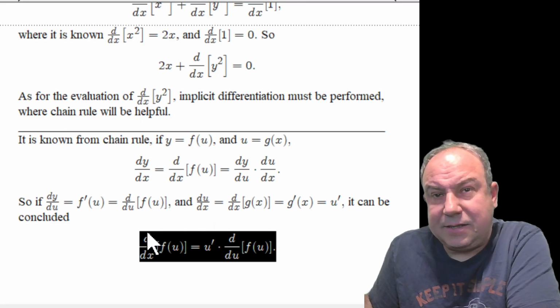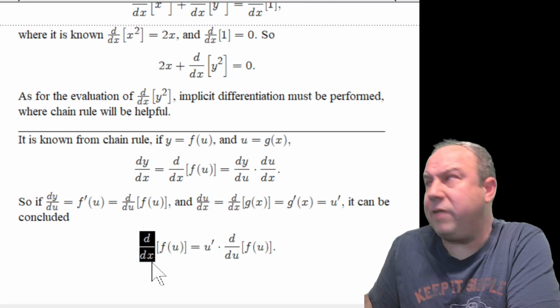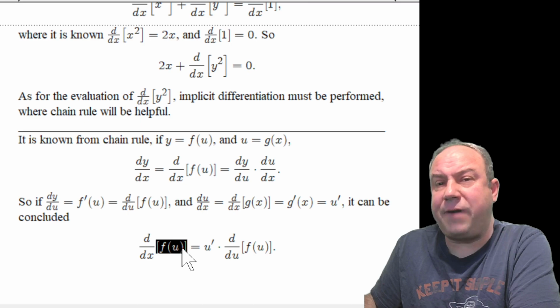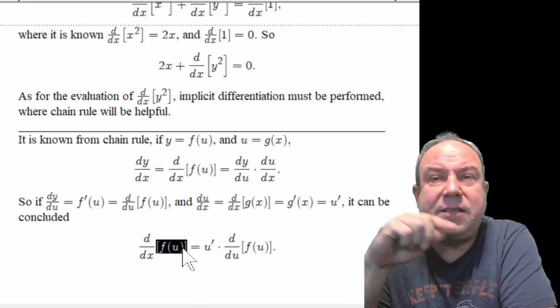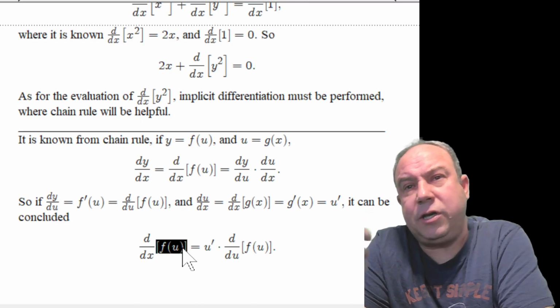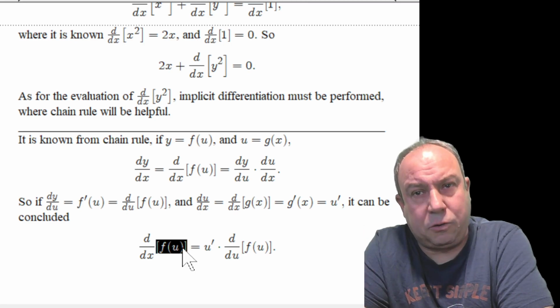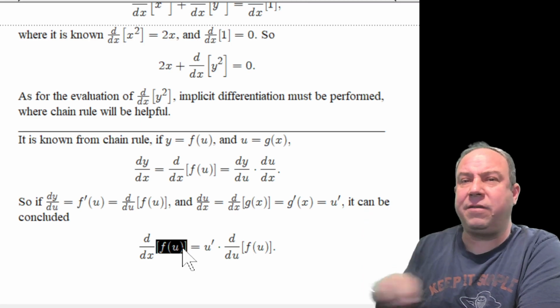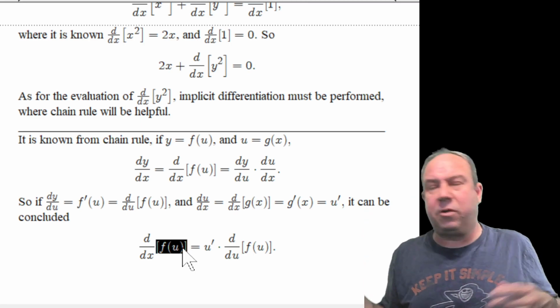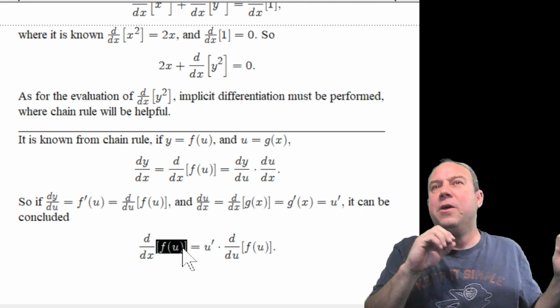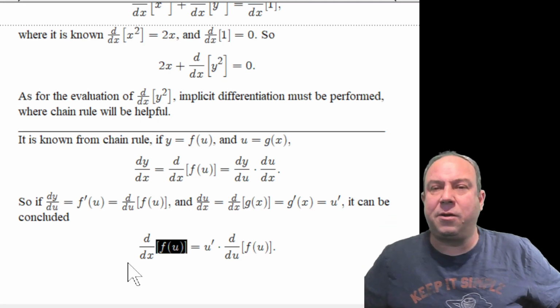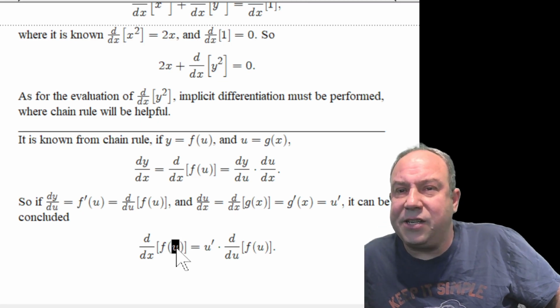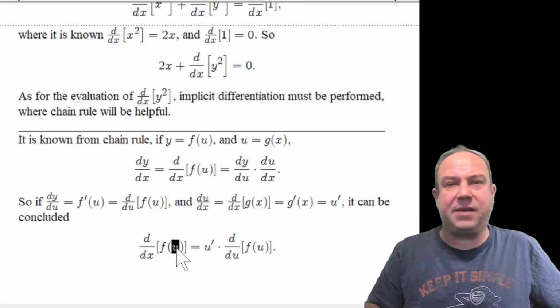And that is, if I take the derivative with respect to x for a function that is of some other variable, here we're using the dummy variable u, u is just playing the placeholder of any other variable. It could even be variable x, but that would be explicit. We're looking at implicit methods, so u is representing just any variable other than x.